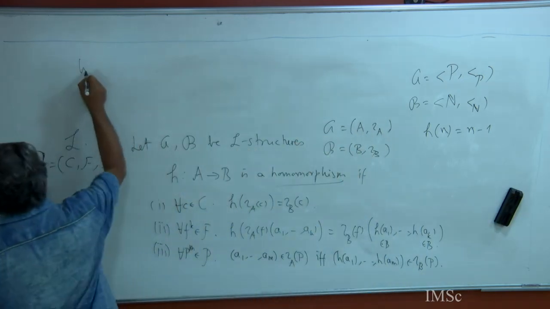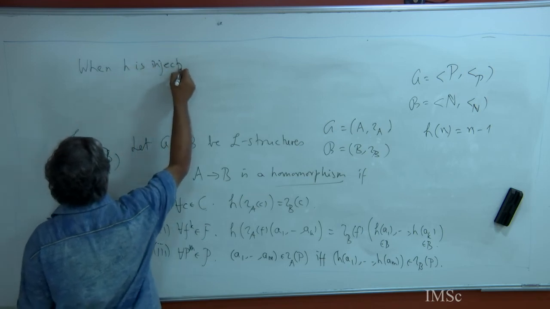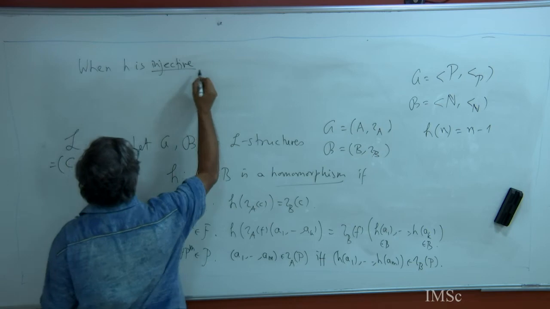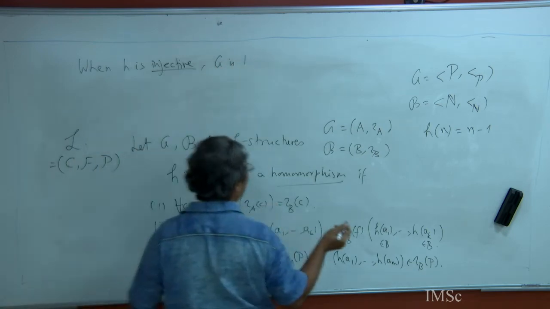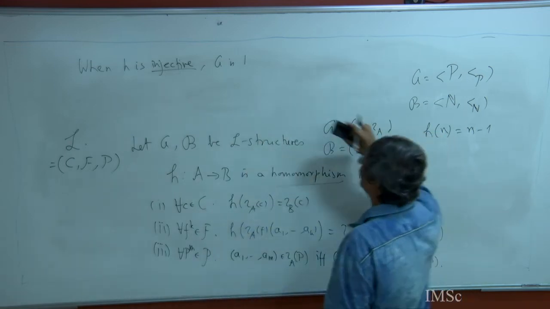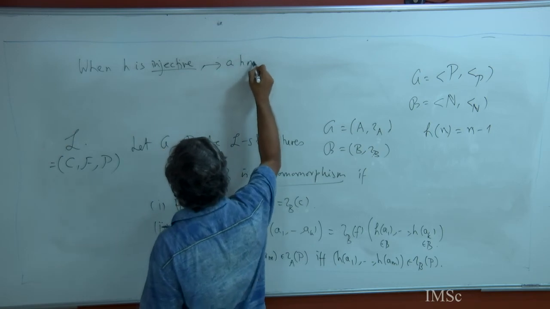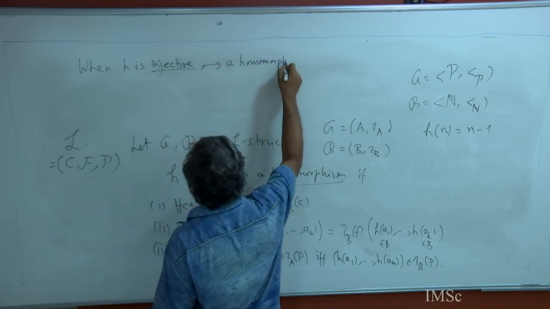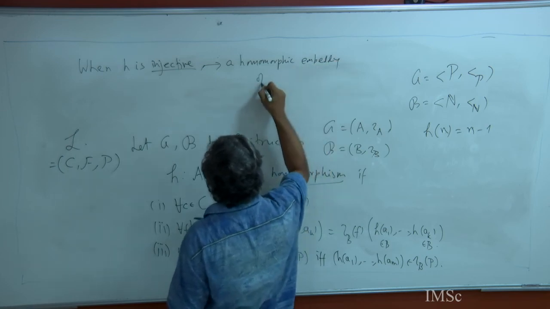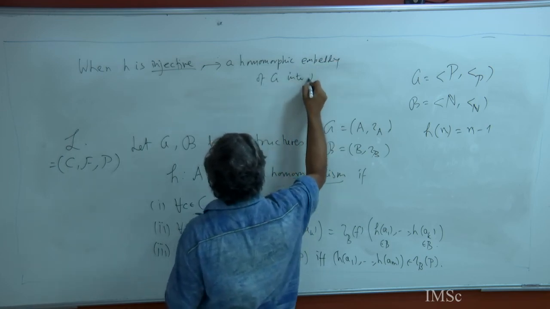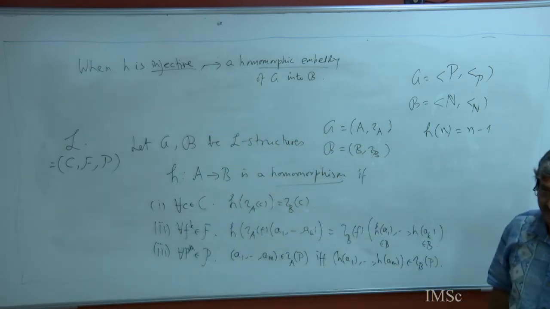When h is injective, it's called a homomorphic embedding of A into B. This is standard terminology.